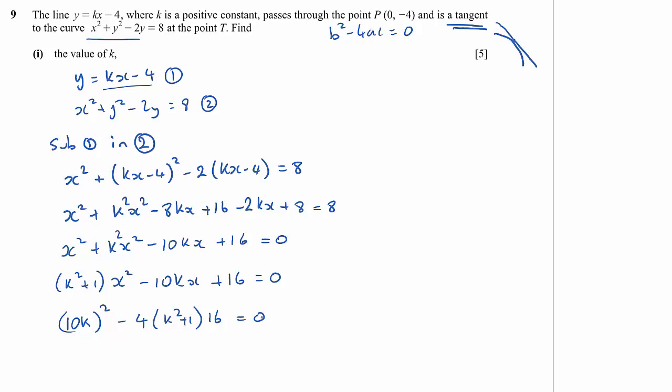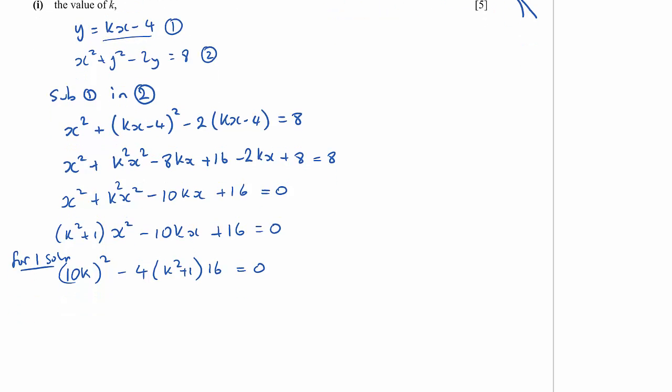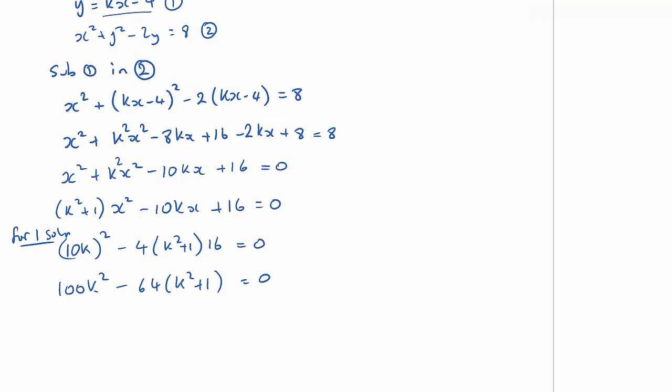And I probably should have made a note here: b squared minus 4ac equals 0 for 1 solution. So that's going to give me 100k squared. Take away 4 times 16 is 64, (k squared plus 1) equals 0. So that's 100k squared minus 64k squared minus 64 equals 0.